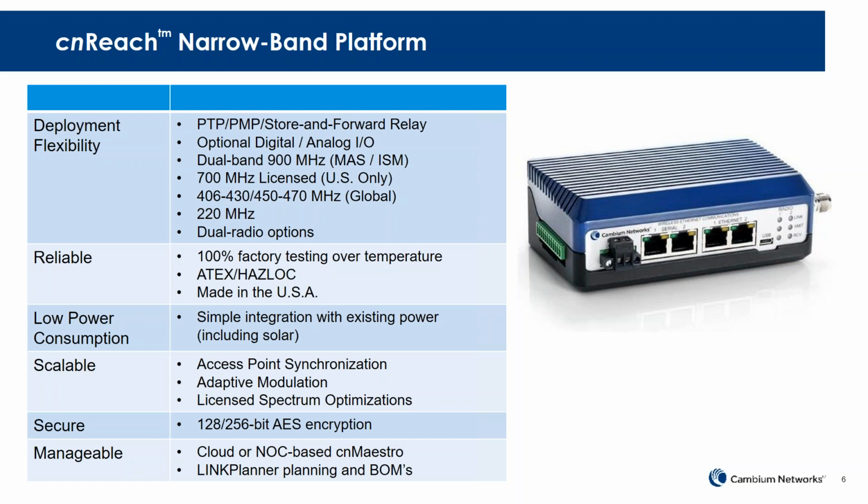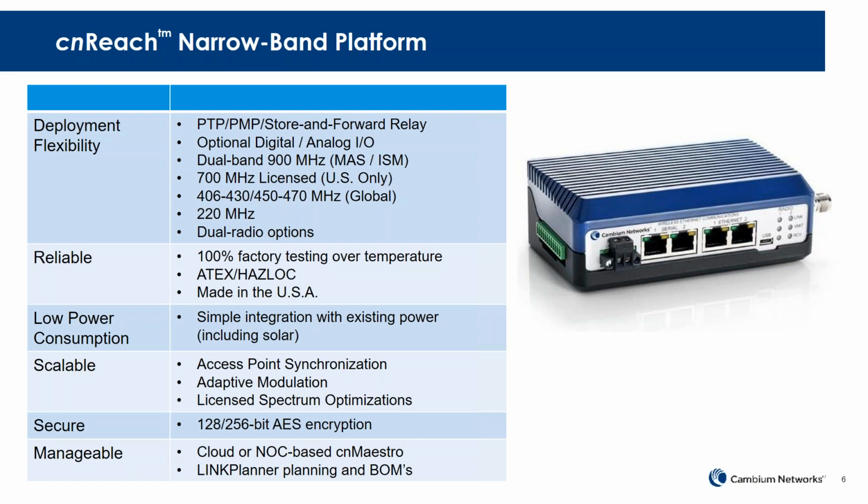Some of the scalability features, I don't know that we'll talk about them in too much detail in here, but the ability to do access point synchronization. So if I want to scale up a network and reduce self-interference, the access points can be synchronized. The radio supports adaptive modulation, and I'll talk about some of the optimizations that have recently been added for licensed spectrum, and that's some of the new features in the 0110 release that I'll talk about in more detail.